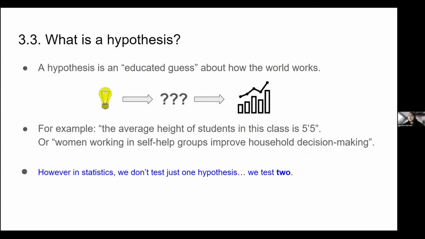And before any of this, we need to make a hypothesis. So when we are entering any kind of a field, we have got to make an educated guess. So a hypothesis is an educated guess about how the world works. You get an idea, you put it into words, you put it into statements, and you put it into statements of true or false, of 0 or 1, like how we saw these different probability distributions.